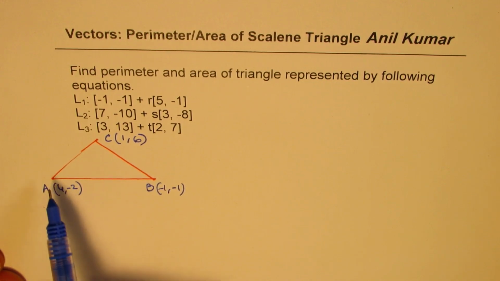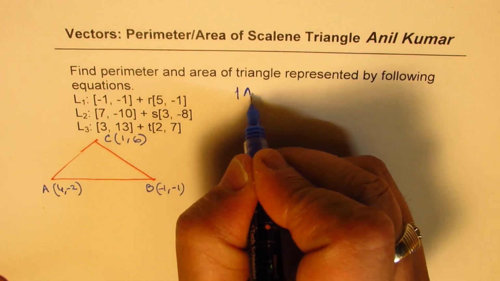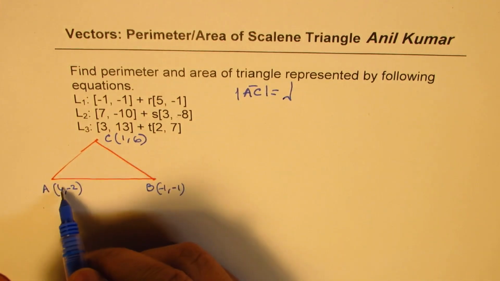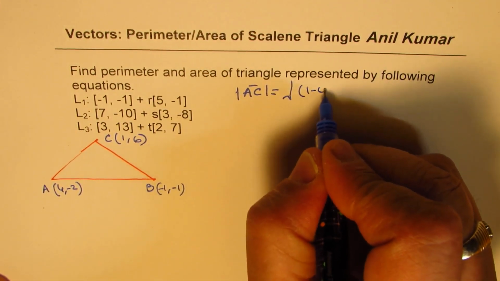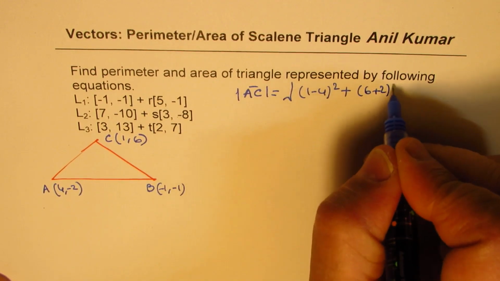To find the perimeter, for A to C we can use the distance formula, right? So magnitude of AC is equal to square root of 1 minus 4 whole square plus 6 plus 2 whole square.